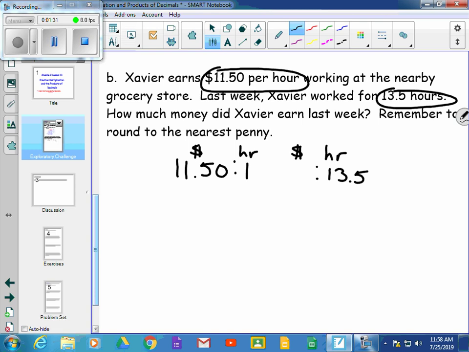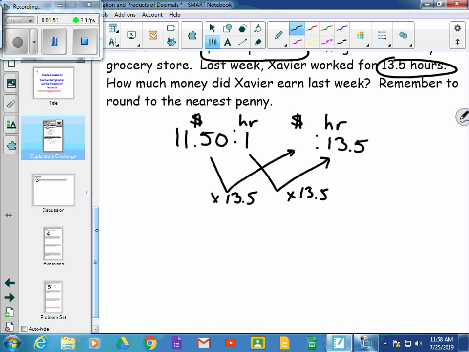Then you say to yourself, 1 times what gives me 13.5? Well, that means I have to multiply by 13.5. In order to get my correct amount of money, I'm also going to have to multiply that by 13.5. So don't forget those tools that we've learned from earlier modules. They give you a clue as to what operations you need to do on word problems.